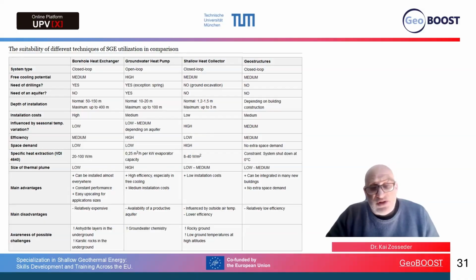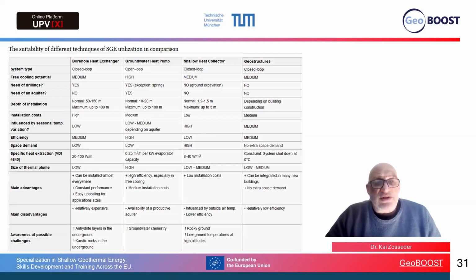There are just some restrictions because of legal constraints, for example water protection areas. This may not be possible there, but then you also have constant performance, and you can upscale for different building sizes.